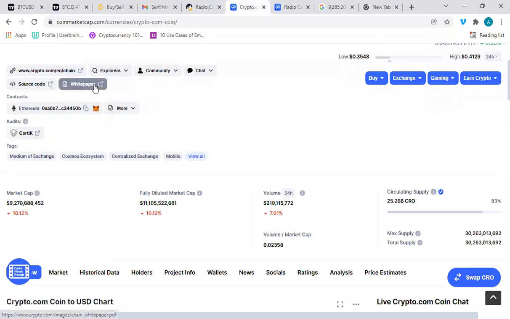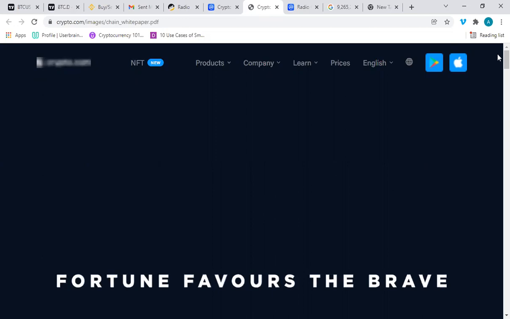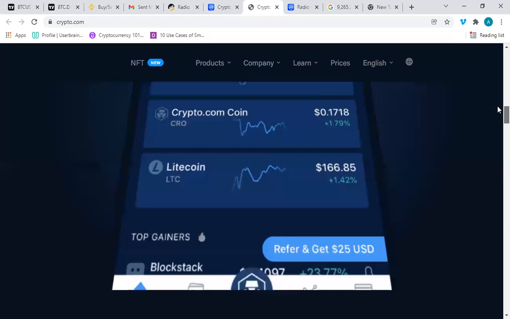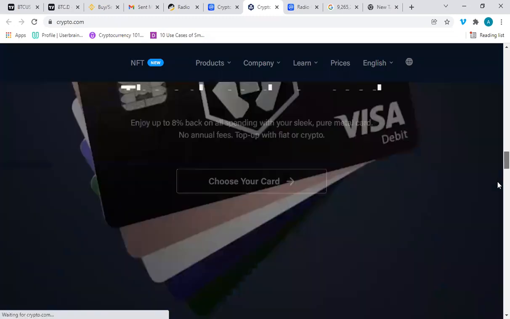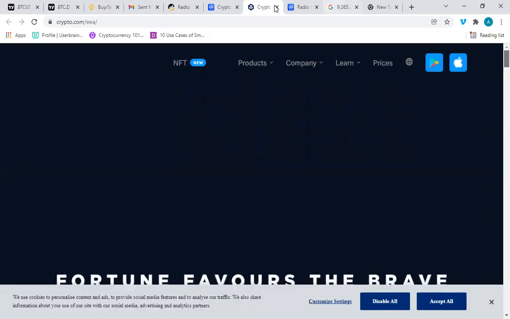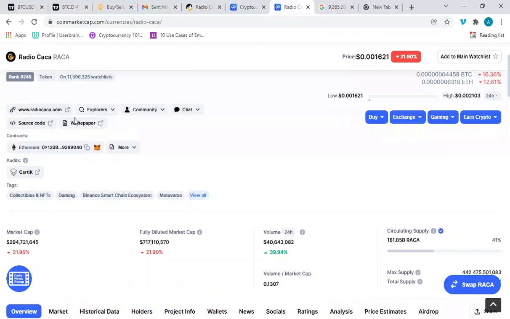Let's go to this. I'm trying to read the white paper. Let me check for another coin. In most coins' white paper, there are always things.